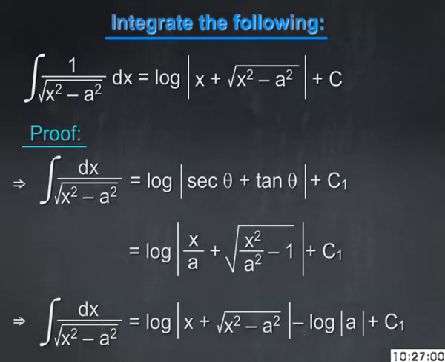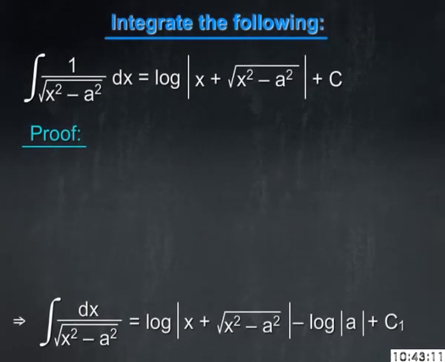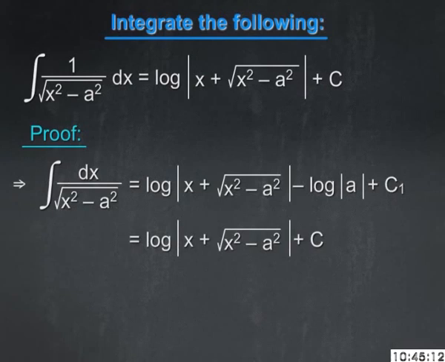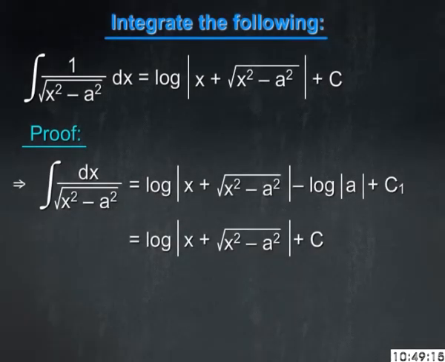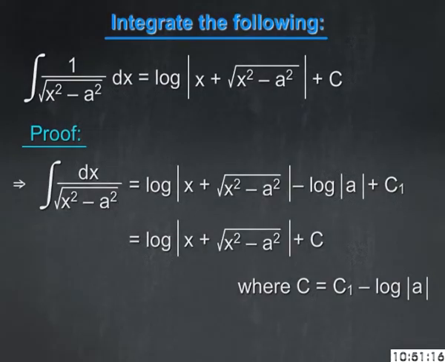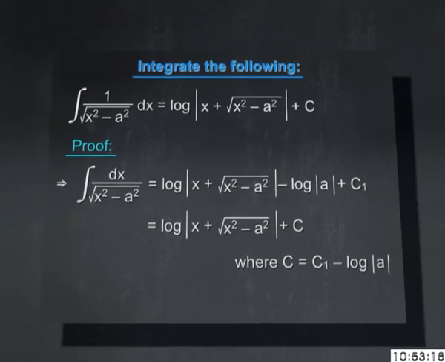So further, it is equal to log of mod x plus square root of x square minus a square minus log of mod a plus c1. Now, as log of mod a is a constant term, so it is further equal to log of mod x plus square root of x square minus a square plus c, where c is equal to c1 minus log of mod a.